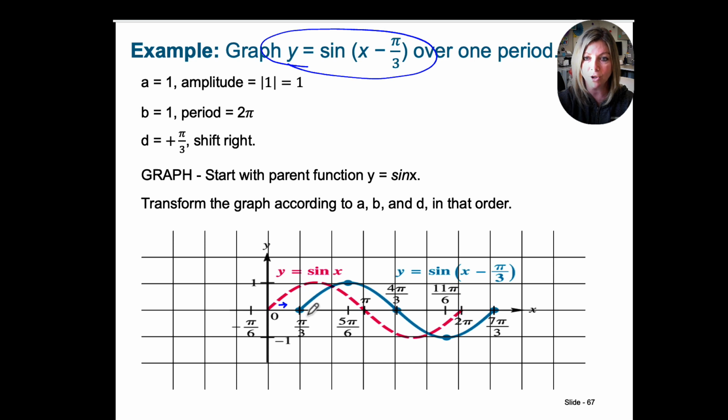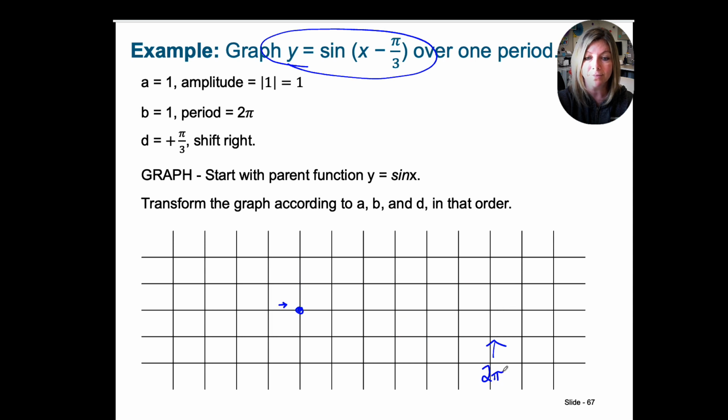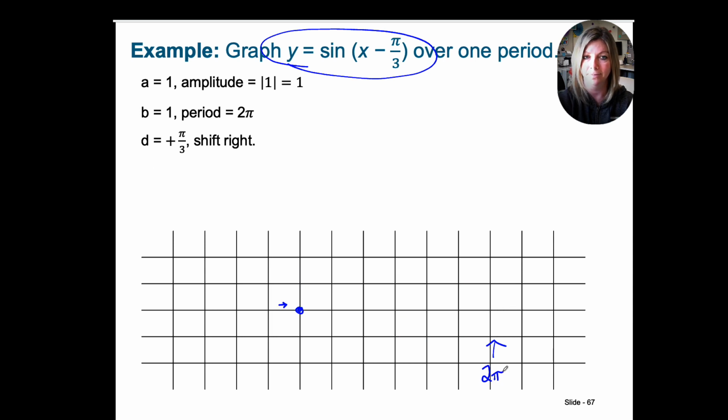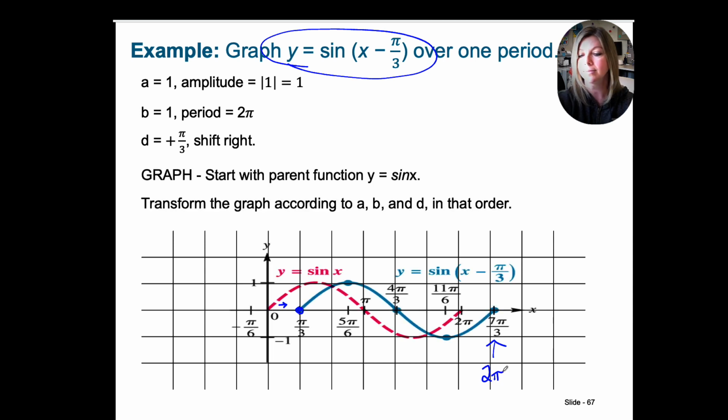Okay, if we want to find more of our key points that we use when graphing, we would take our pi over 3, and we know that it would take 2 pi radians to complete this cycle of sine. So you can find this value right here by just taking your original 2 pi but adding that translation to it of pi over 3.